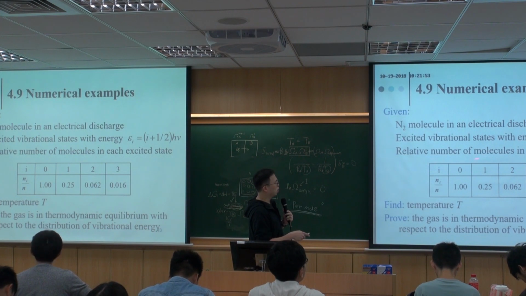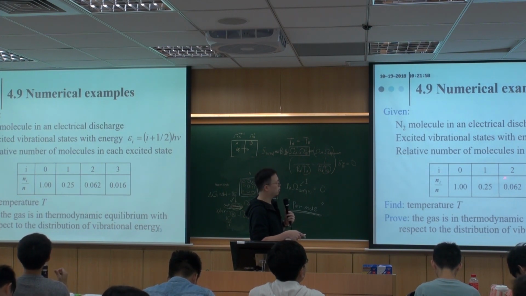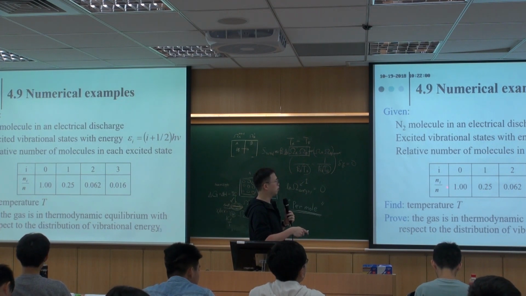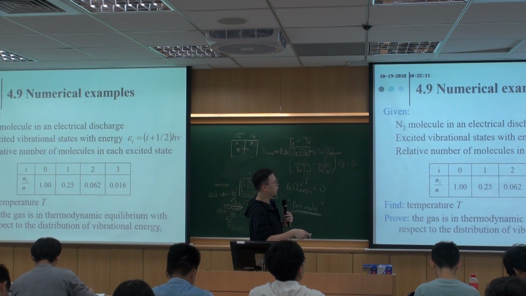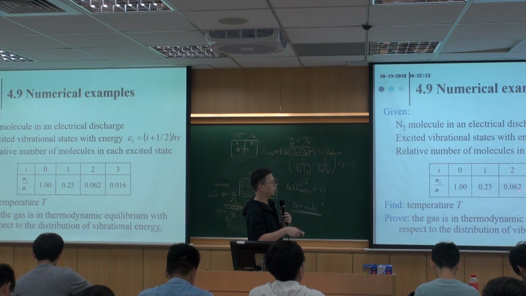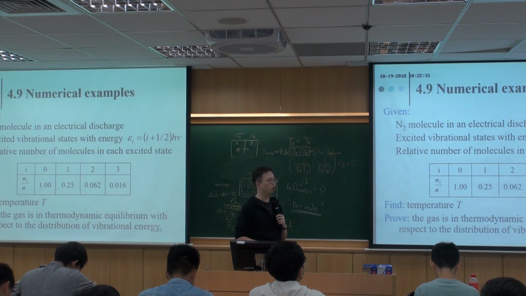So the problem shows you that for different energy states, if this is 1, then in the first excited state, you have 0.25 particles, and when you move up, you can see that the fraction is becoming smaller and smaller.